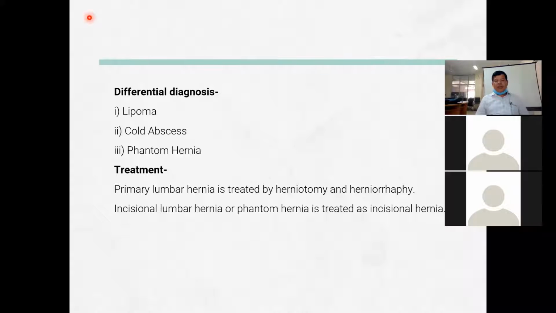And if it is a case of incisional lumbar hernia or even phantom hernia, it should be treated as a case of incisional hernia, which we discussed in our previous classes. So the basic treatment here also is meshplasty.